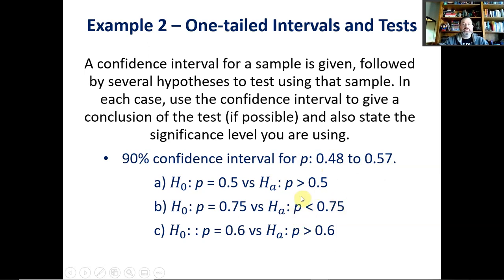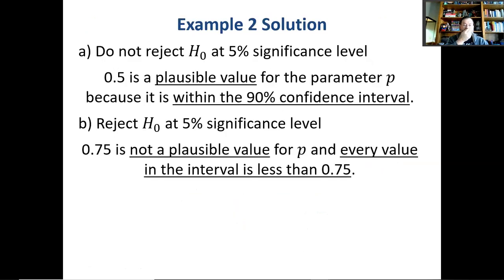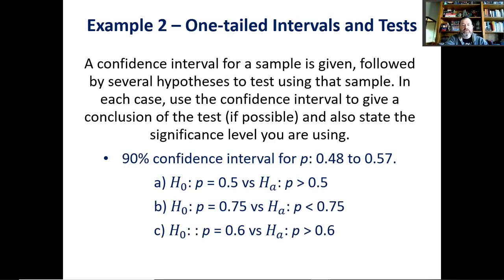So that tells us to reject this in favor of this. Every number in the interval supports this. None of these numbers support this. So this is reject the null hypothesis at the 5% level. So 0.75 is not plausible because it's not in the interval, and every value in the interval is less than 0.75. So again, when you're doing a one-tailed test, you have to check two things, not just one.